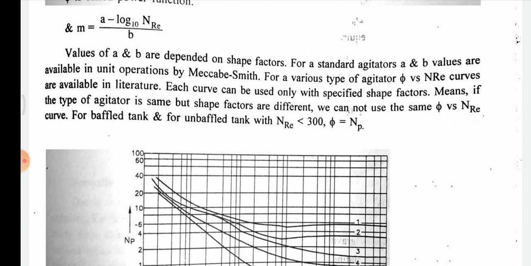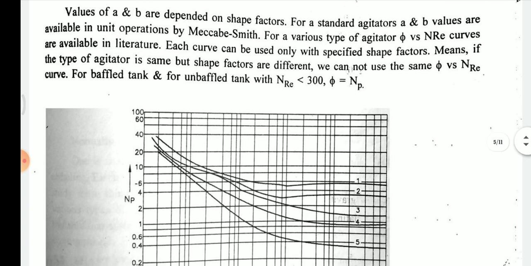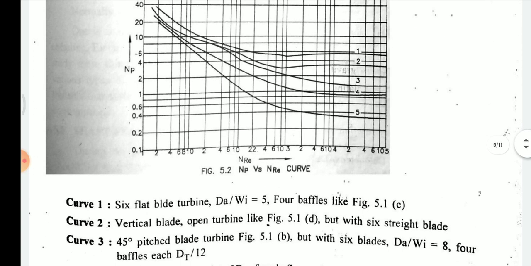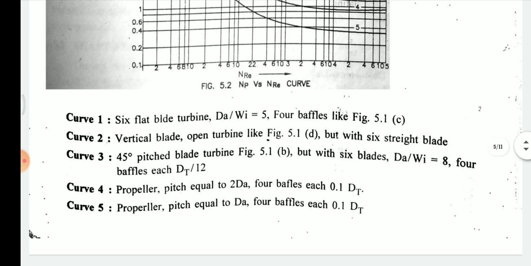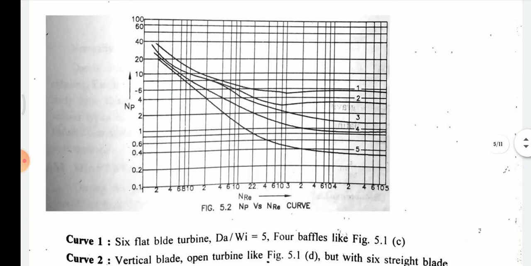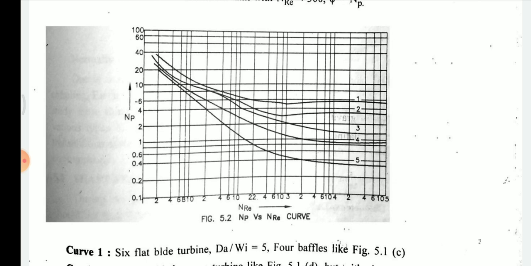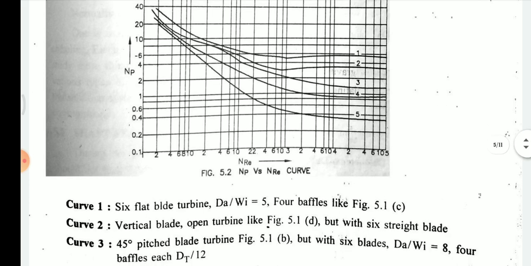For a baffled tank and for an unbaffled tank, Reynolds number should be less than 300 and phi equals NP. This graph is only informative, showing power number and N into Reynolds number value, given in the literature as a reference.